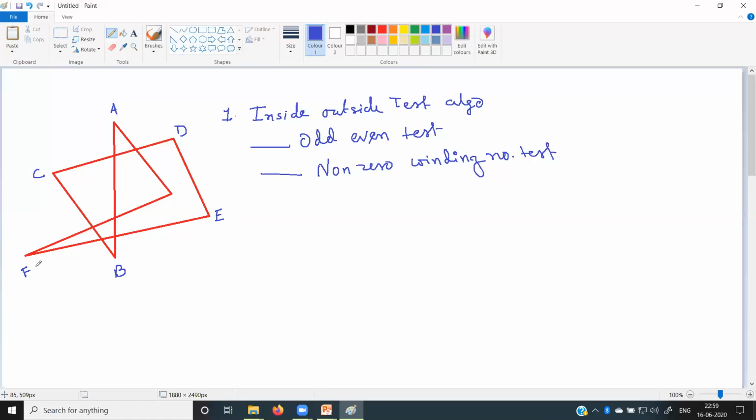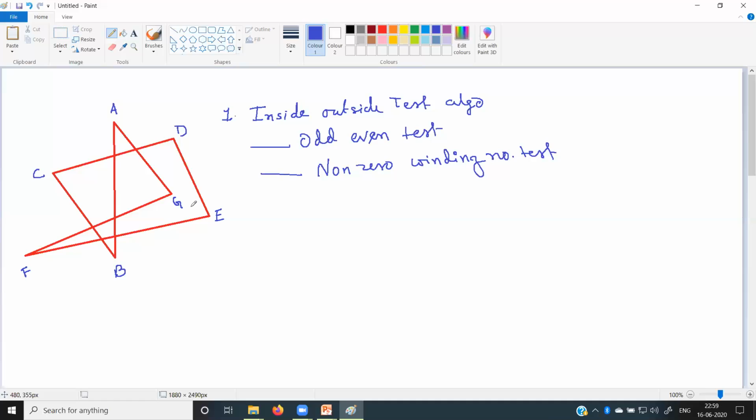You cannot put the names haphazardly in arbitrary order. If you do, it will be difficult to find out after which vertex which will come.